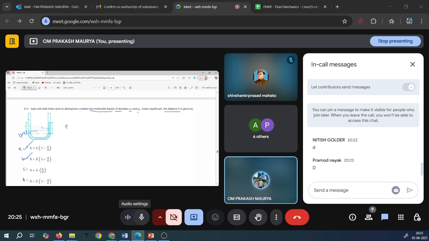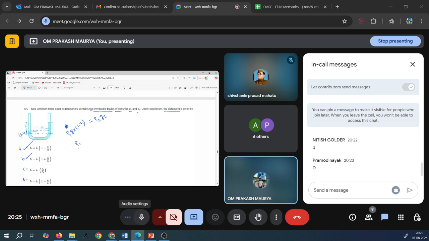The atmospheric pressure acts on both sides because both limbs are open, so I am going to neglect it here. So rho 1 into g into the height, this much height, L minus H, is equal to, from here, rho 2 g L. So now you need to calculate your H. So g will be cancelled out.